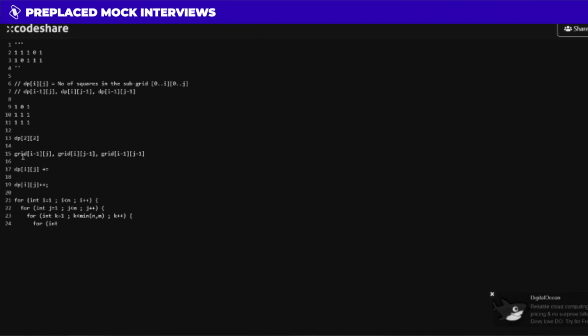Can you explain this approach once again? What I was thinking is probably I don't need to travel all these, but for dp of ij, if all of them are 1, I think the answer is only related to dp of I minus 1 j. I can construct the answer using I minus 1 j, I j minus 1, and I minus 1 j minus 1. So how would it look?